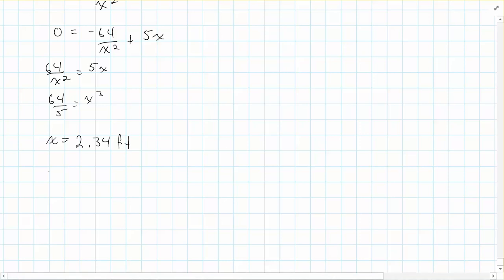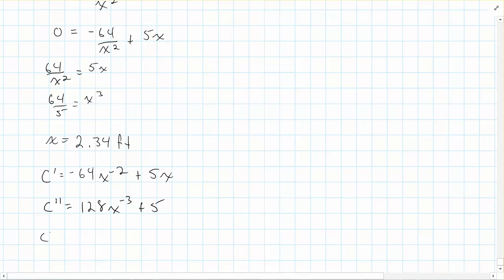And you can use the first derivative test or the second derivative test. I'm going to use the second derivative test. So my first derivative was negative 64 x to the negative 2 plus 5x. So my second derivative is simply 128 x to the negative 3 plus 5.